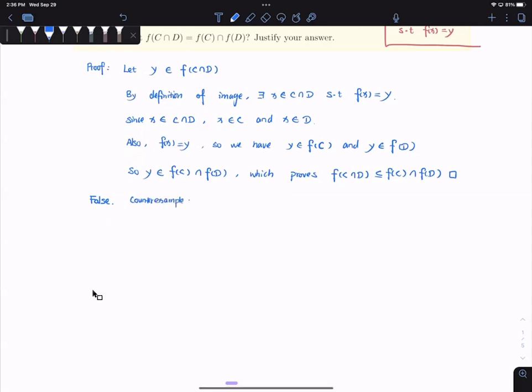So for my counterexample, I'm going to define f to be from Z to Z. My C is {0, 1}. My D is {0, -1}. Then C intersect D is {0}. So f of C intersect D... Oh, I forgot to define f. f(x) equals the absolute value of x. So this will be 0.